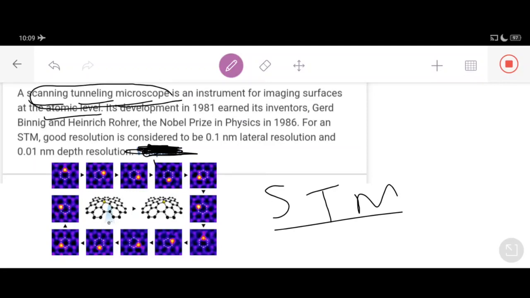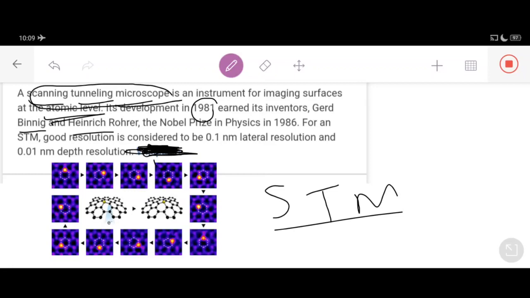It was developed in 1981, and its inventors, Gerd Binnig and Heinrich Rohrer, were two physicists who got the Nobel Prize in Physics in 1986, my dear students.